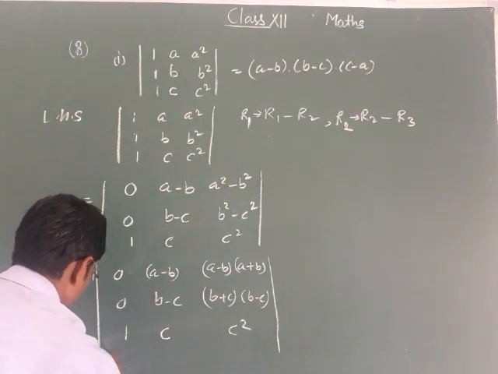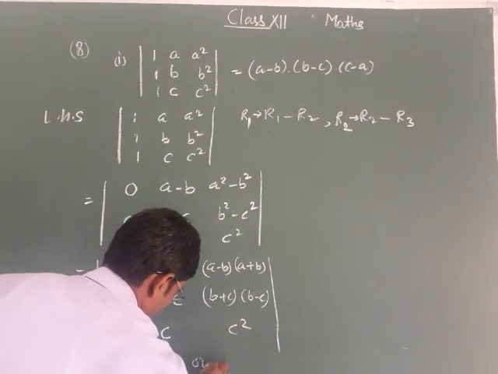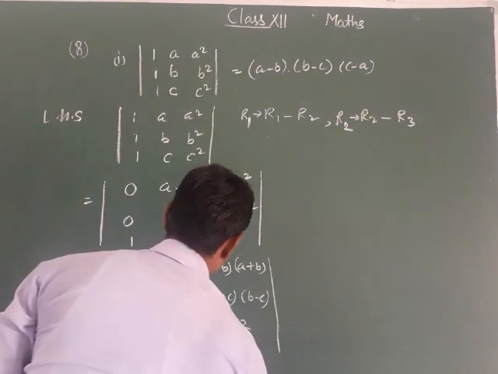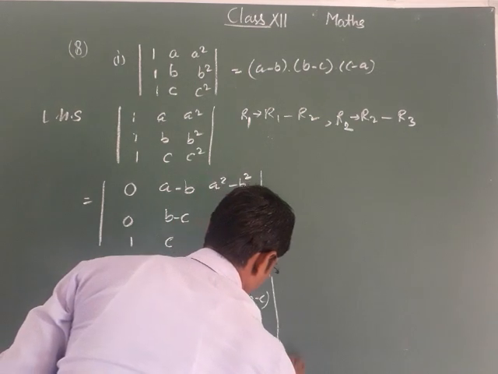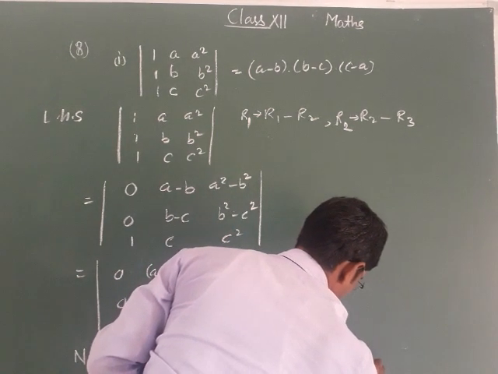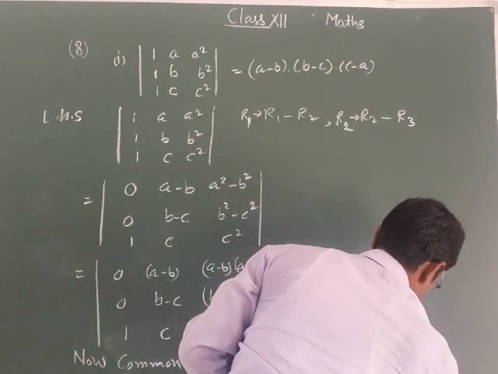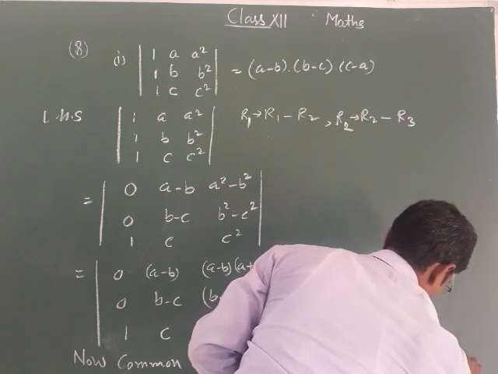Now common out a minus b from R1 and b minus c from R2.